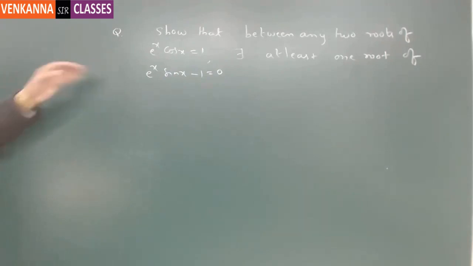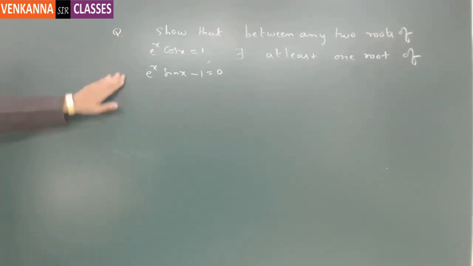So please take a note of this problem. It is also one of the previous year questions. I think it was asked earlier in UPSC. Fine. So is the question clear for everyone?